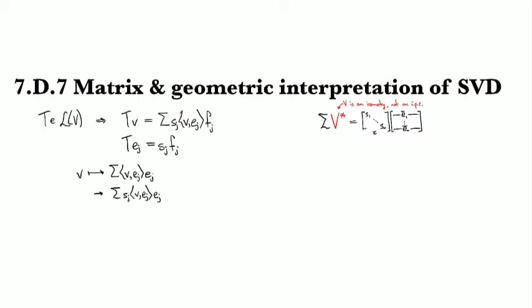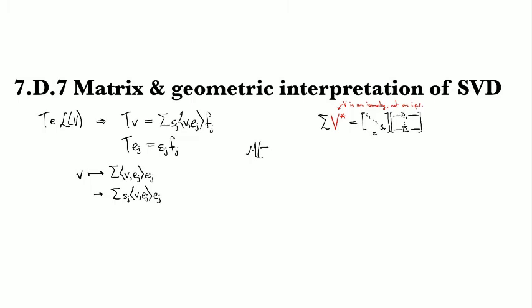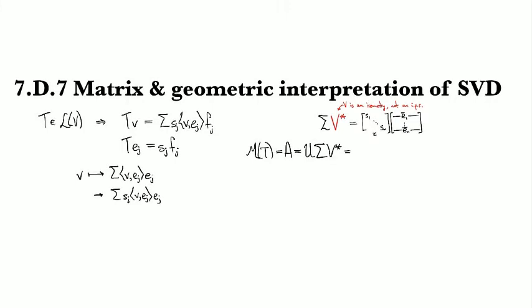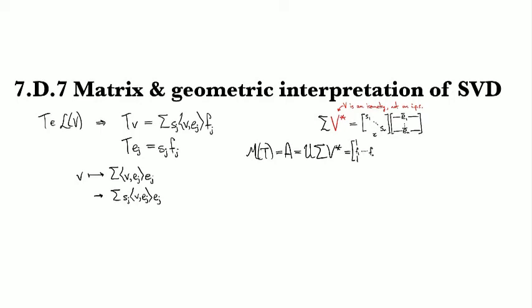Okay, so we've got these. And then if we want to look at what happens when we take the matrix of T, so let's call this A, then it's going to be U times sigma V star. So in other words, here we're going to have our other orthonormal basis that we patch on at the end.